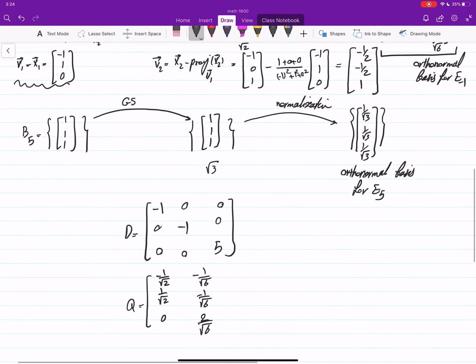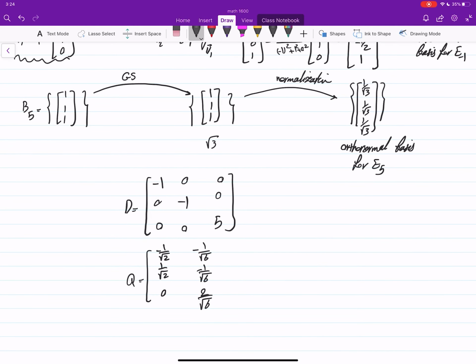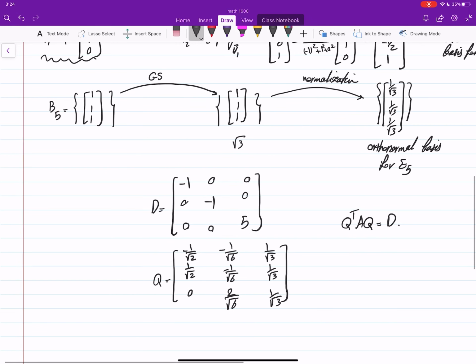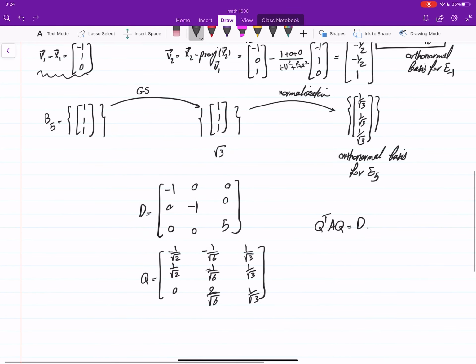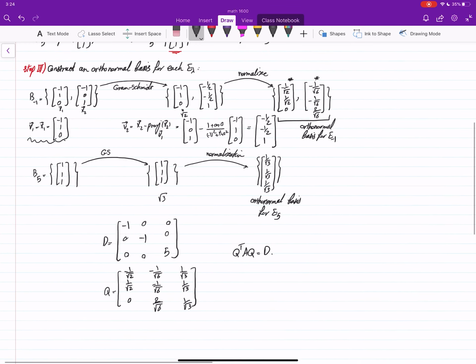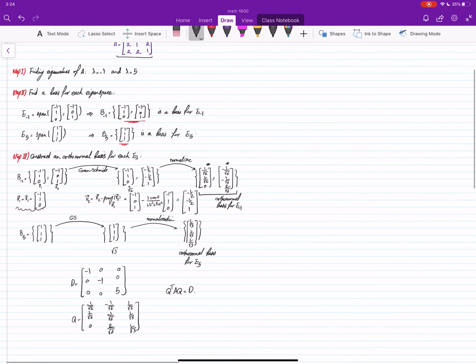And for lambda equal to 5, we have only one element in the orthonormal basis, and that is this one. If you choose that, Q transpose AQ is going to be equal to D. It's an interesting exercise just to check that you can multiply and get that done. Okay.